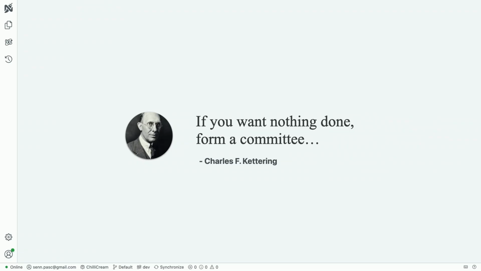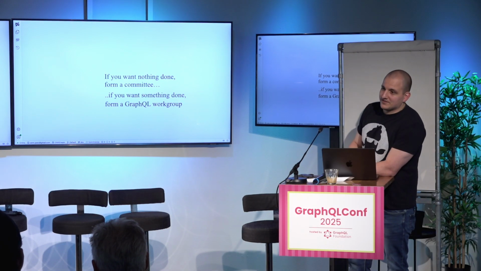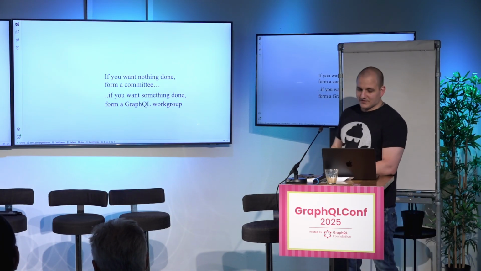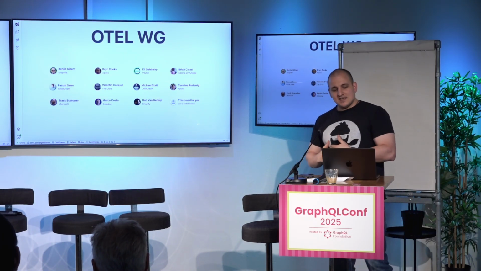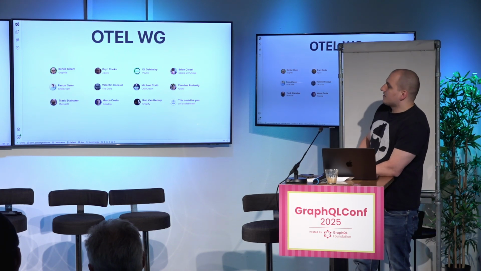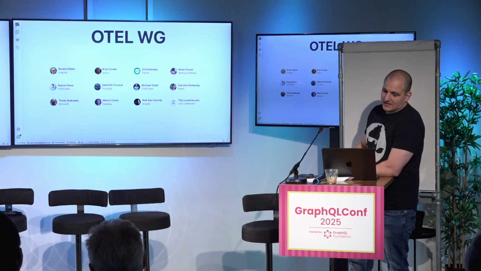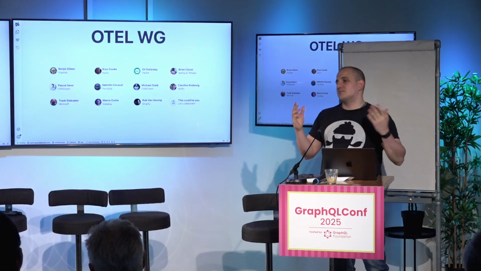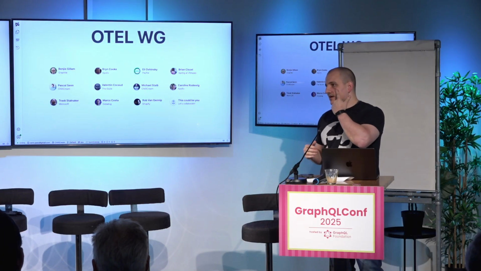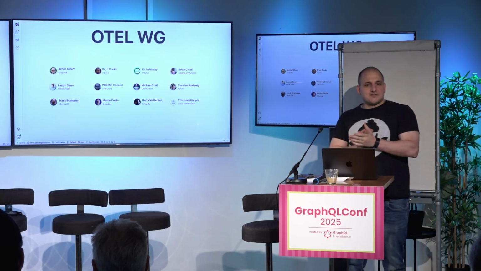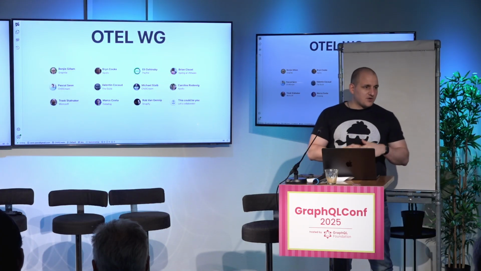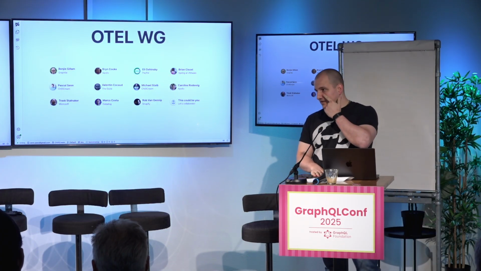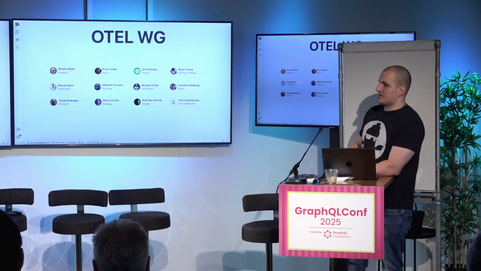So I want to offer a small update to this quote. If you want nothing done, form a committee. If you want something done, form a GraphQL work group. The GraphQL work group meets once every month and discusses how we can make the OpenTelemetry GraphQL story better. We already have 11 contributors from companies like Apollo, the Guild, Shopify, Datadog, VMware, Microsoft, and PayPal.